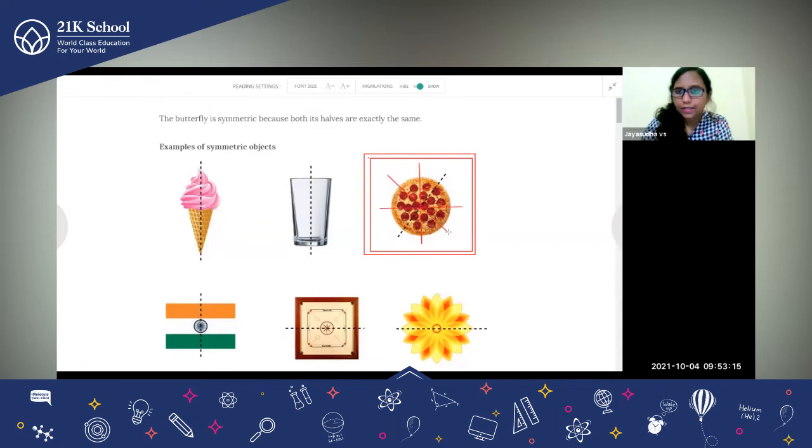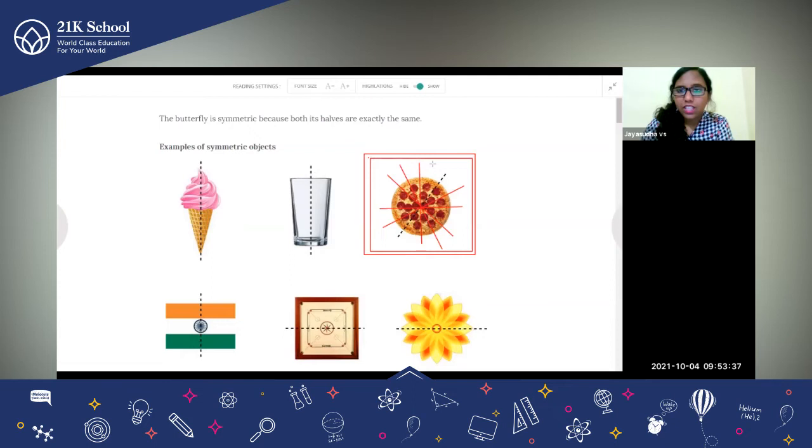Is it only 3? Is there only 3 ways? No. There are multiple ways you can draw, and whichever way you draw, the pizza is going to be equal on either side.